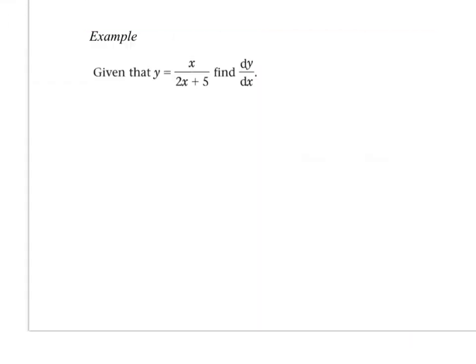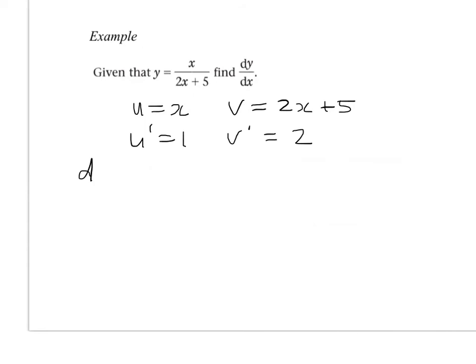So let's look at this example here for the quotient rule. We've got x over 2x plus 5, which looks like a really simple kind of question, but quotient rule is a way to do it. So I'm going to say the top line, like I did for the last one, u is equal to x and v is equal to 2x plus 5. Really good to set it out like this. U dash therefore is 1, v dash, the derivative there is 2.